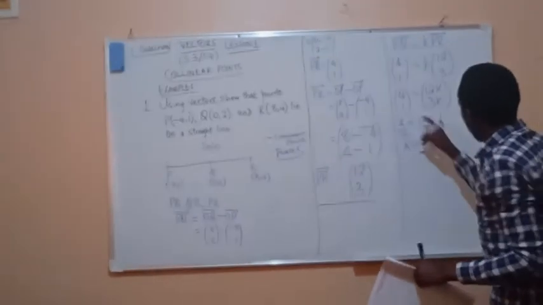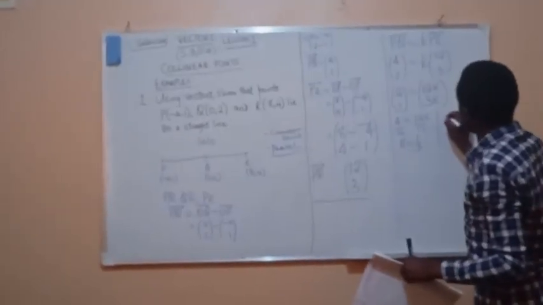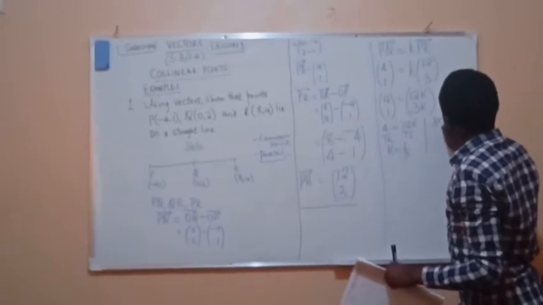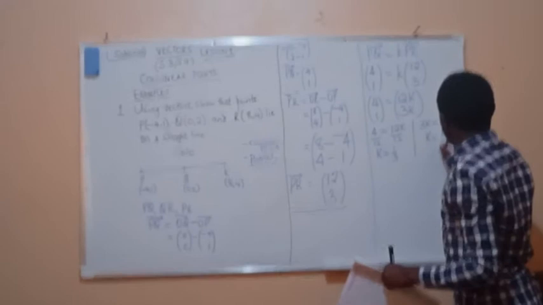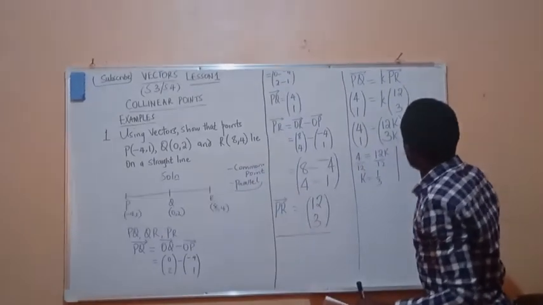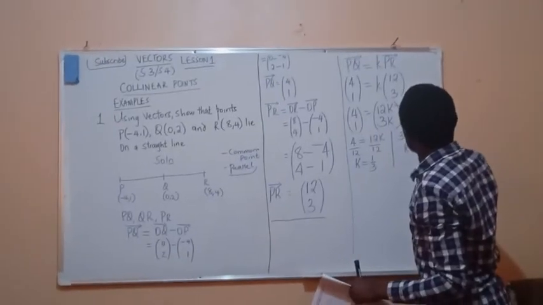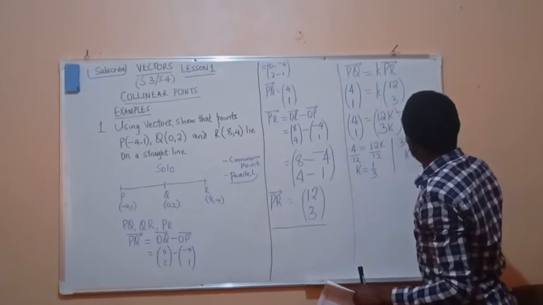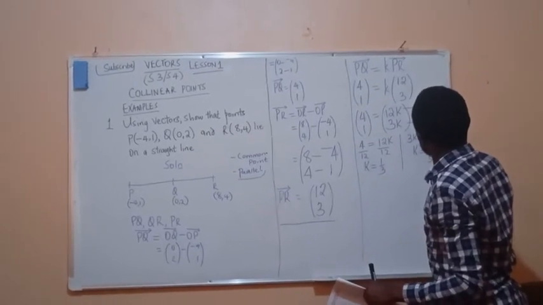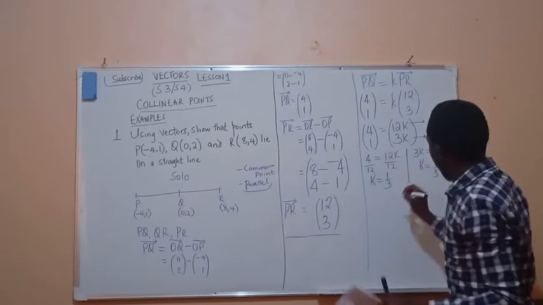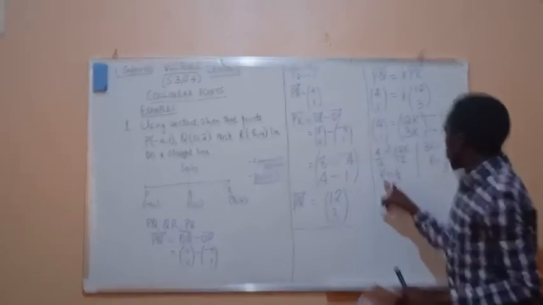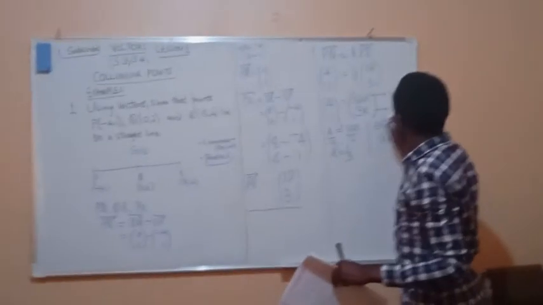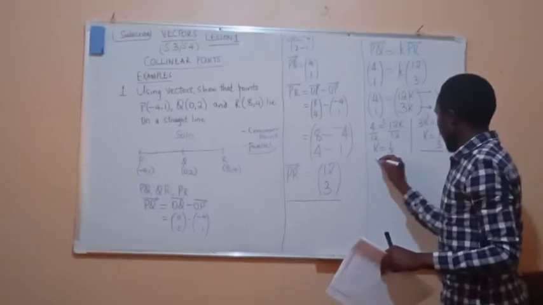And when you compare here, you find that 3k is equal to 1, so k is equal to a third. This one in vectors we call the component of i, and this one the component of j. Implying that for the component of i, the constant gives you a third, and for j, the constant still gives you a third.